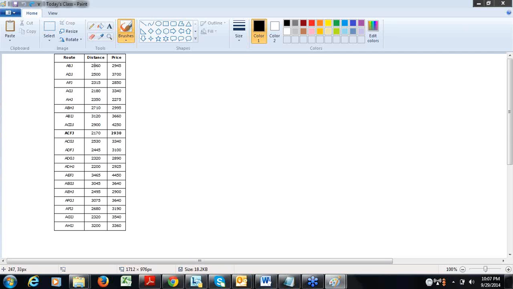Some of them you can chalk out yourselves, like 3200 or 3075. These distances you need not even put in the table. You just put in the lower distances. So it won't take much time. Just to show you all the possible cases I have made it like this, but in the examination you need not put all these things. If 2170 is there, then 2900 you can ignore, 3120, so the bigger ones you can easily ignore yourselves.